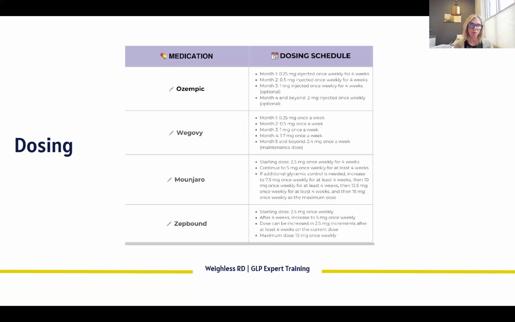We use compounded medications, so we don't use these exact dosing schedules at all. They're somewhat similar, but we've changed things up a bit. And patients on compounded medications are going to get their medication in a syringe versus a pen, which we're going to talk more about.